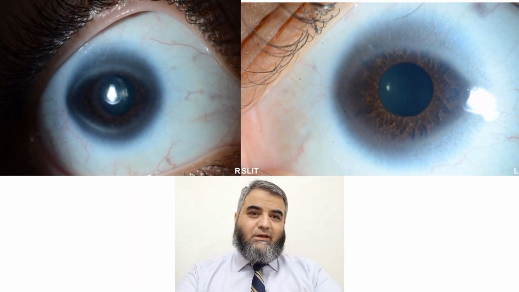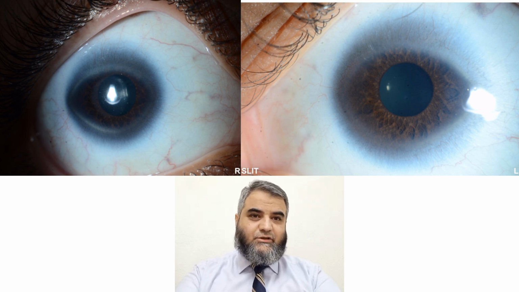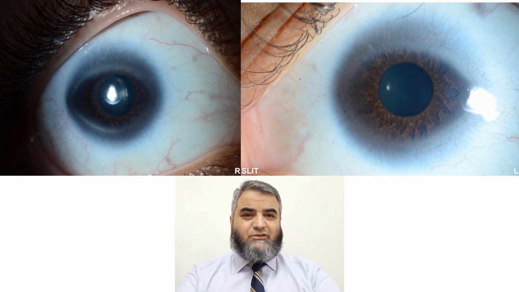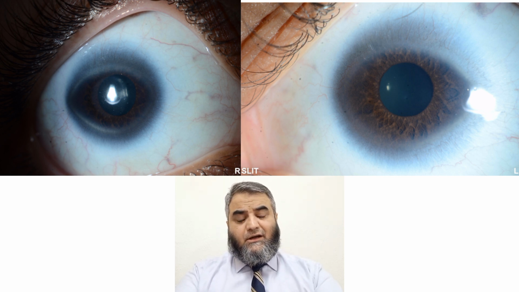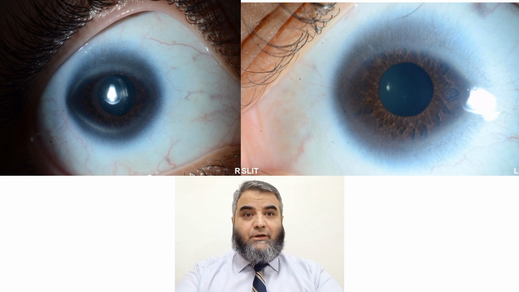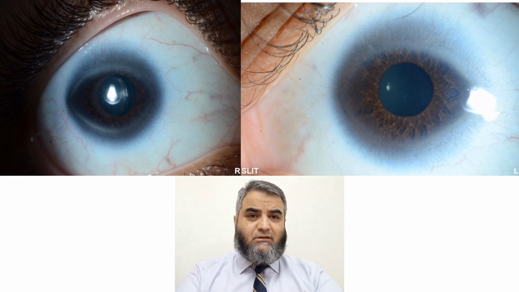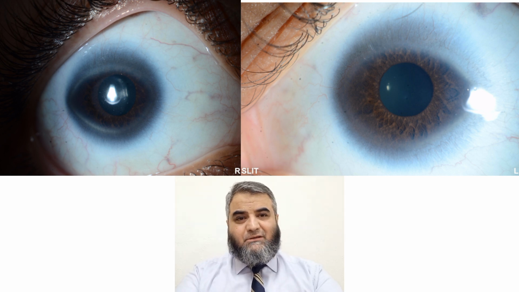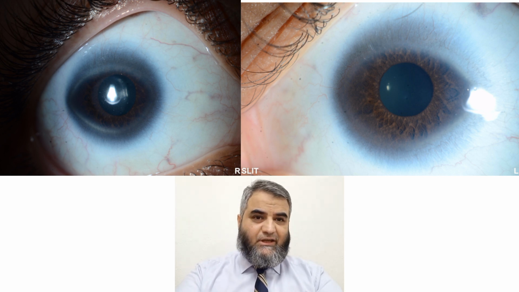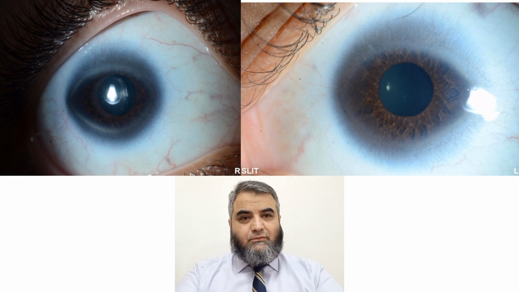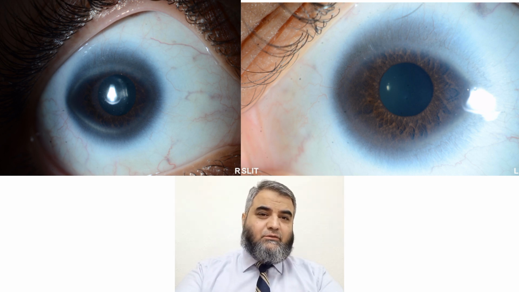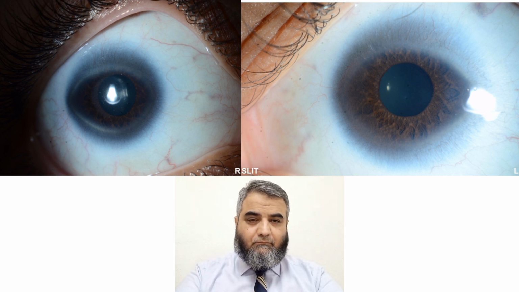Usually we do keratometry in all patients undergoing cataract surgery, and we know it is around 43 diopters. But in these patients, because of the flattening effect in type 1, the corneal keratometry may go down to 38, and in the severe form, it may go down to 28. This is the basic thing contributing to the hypermetropia.